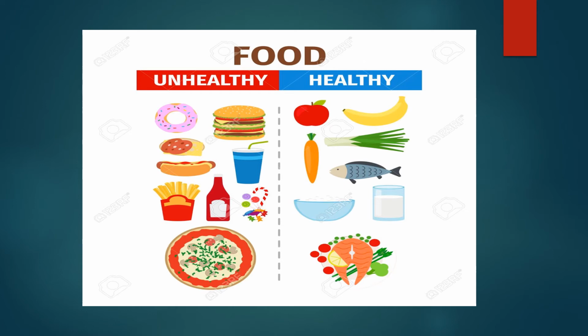Unhealthy food consists of burgers, donuts, soft drinks, tomato ketchup, chips, pizza, whereas healthy food contains apple, banana, celery, carrot, fish, yogurt, milk, meat. We have to take healthy foods and avoid unhealthy ones.